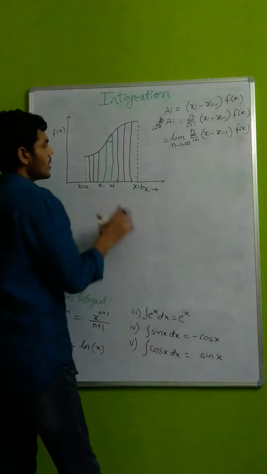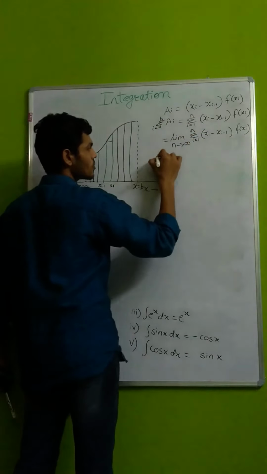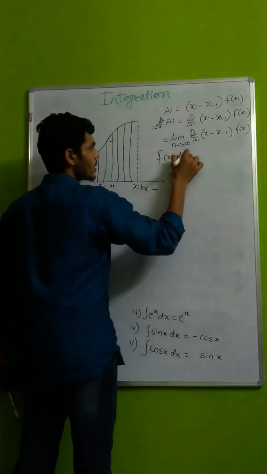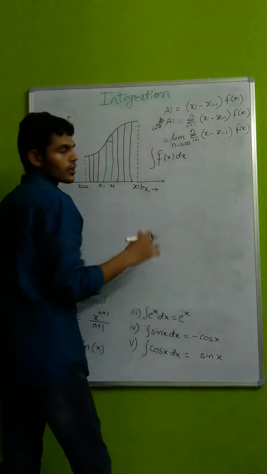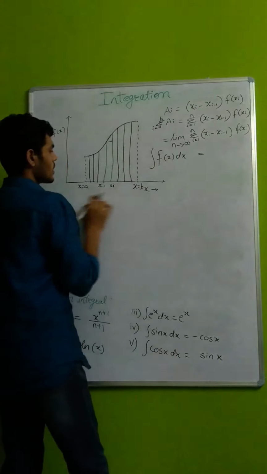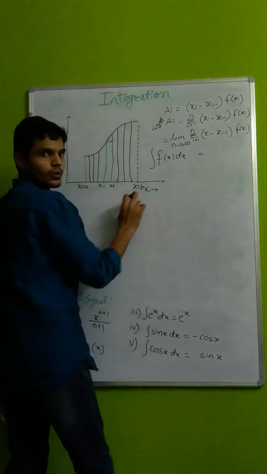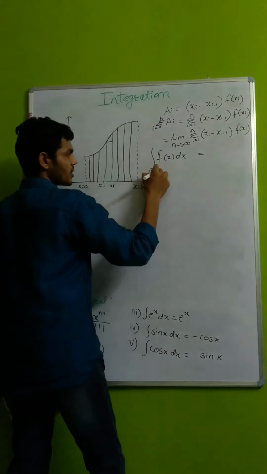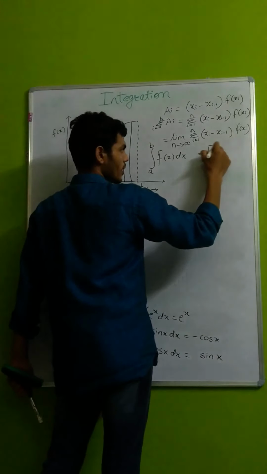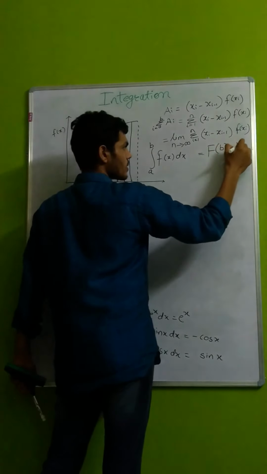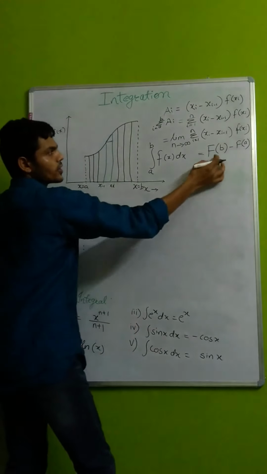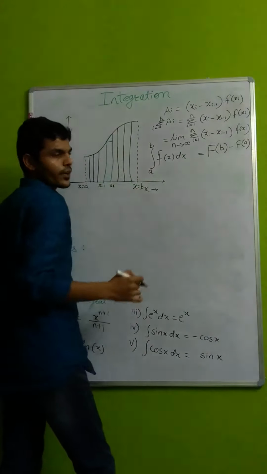Now we represent any integral by this form. So integral of f of x dx gives area under the curve. So this f of x is ranging from x equal to a to x equal to b. So we will put limits here, x equal to a to x equal to b. This will be equal to F of b minus F of a. What is F? F is basically integral of f of x.